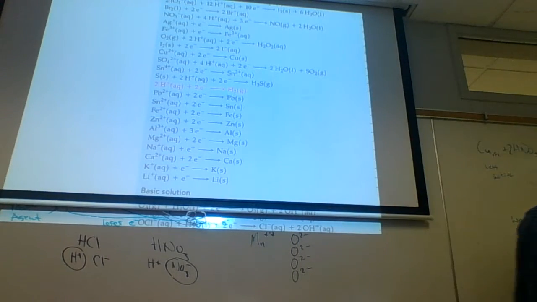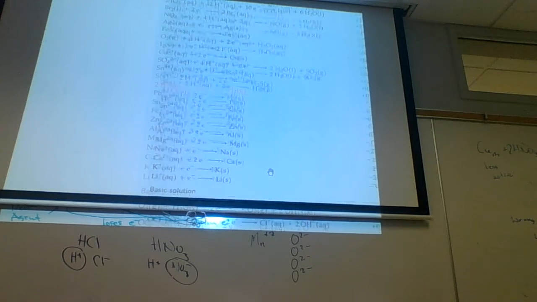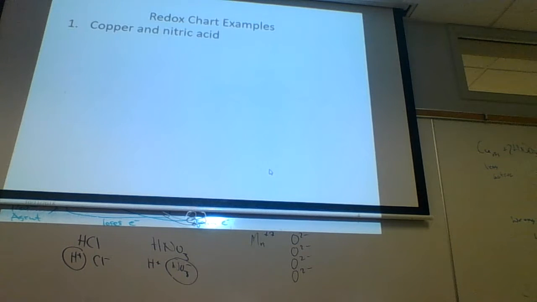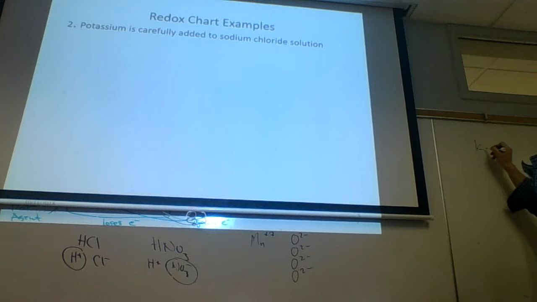So let's just do this one here as a quick example of using the chart method. Okay, so what we have here is potassium solid metal plus sodium chloride solution, NaCl(aq).